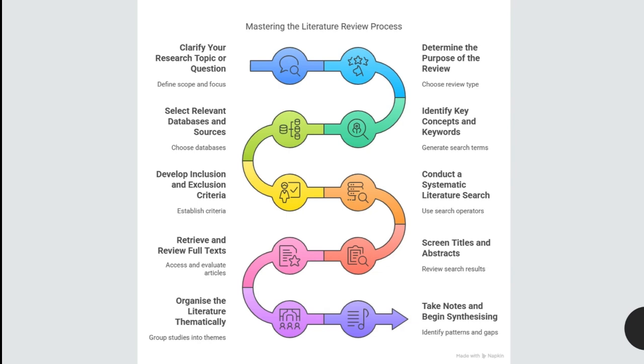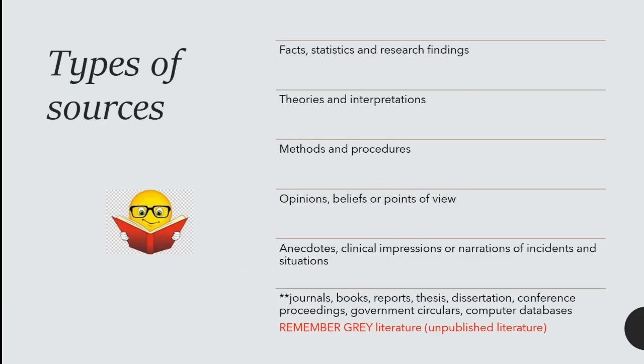So part of the purpose for this evening is to discuss the types of sources. So when we refer to sources, we mean where do we get literature from? So our sources might be facts, statistics, or research findings. It might be theories and interpretation. It might be methods and procedures. It might be opinions, belief, or points of view.